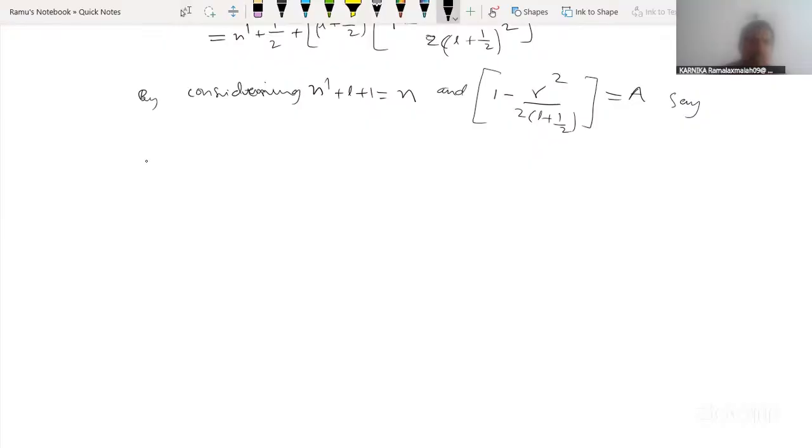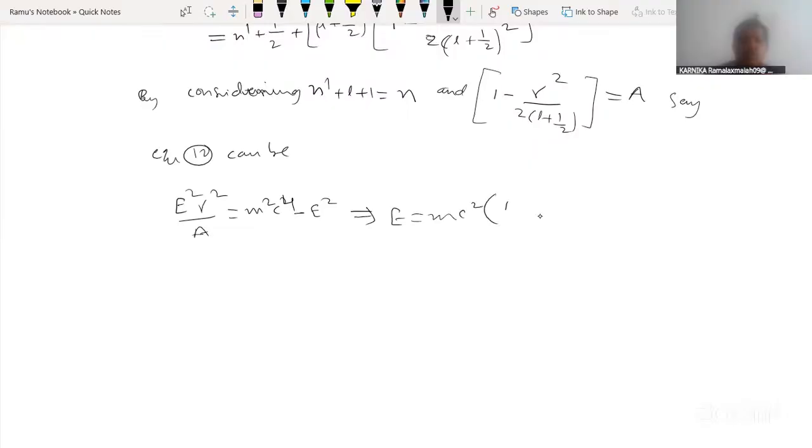Here the equation 12 can be E squared gamma squared by A is equal to m squared c to the power of 4 minus E squared, which extends to E is equal to mc squared into 1 plus gamma squared by A, minus 1 by 2.